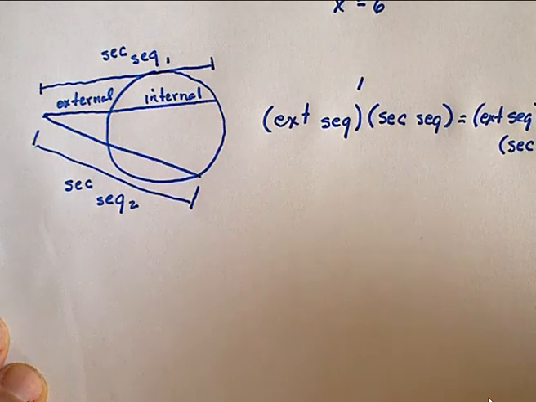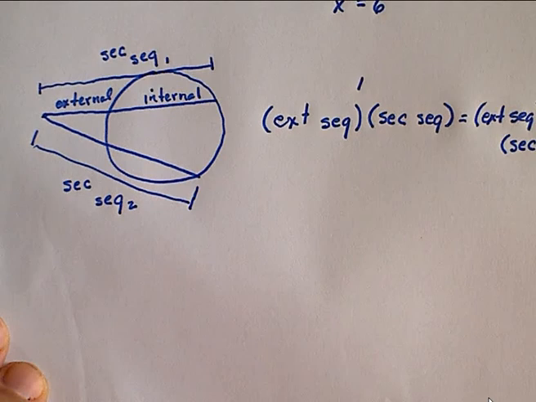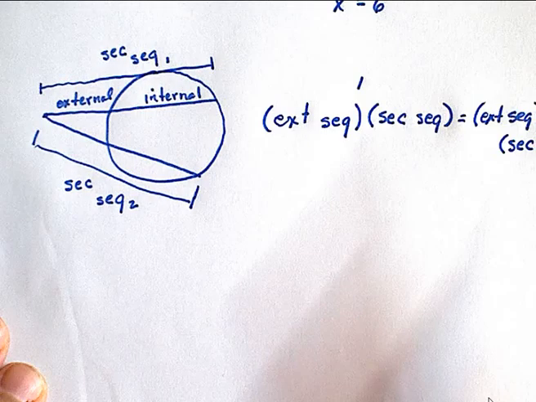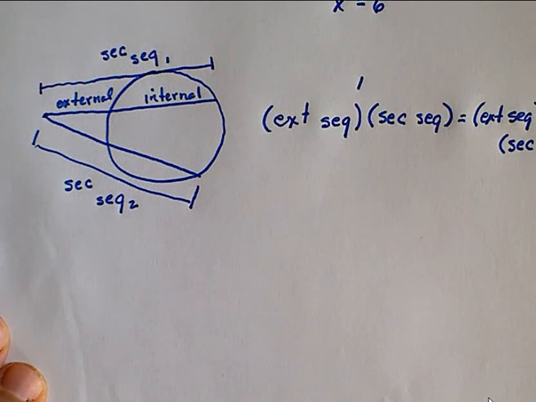So those are the pieces you have to have. If they don't give you those pieces, they will give you information so that you can find them. You will not use the internal segment in the formula, only as a means to find one of the other two missing pieces. So external times secant segment, external times secant segment.